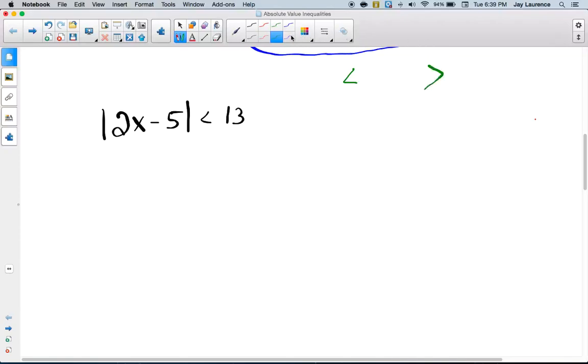And I'm going to remember that this is a less than. This is going to be an and statement, and you'll see what I mean in a minute. This one here is going to be a greater than, or it's going to be an or statement.